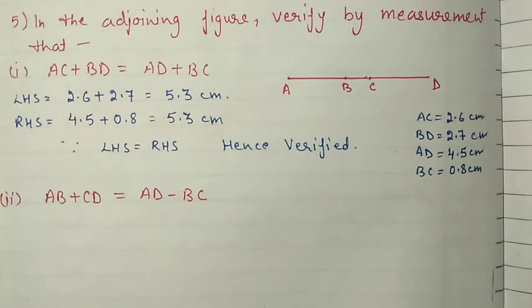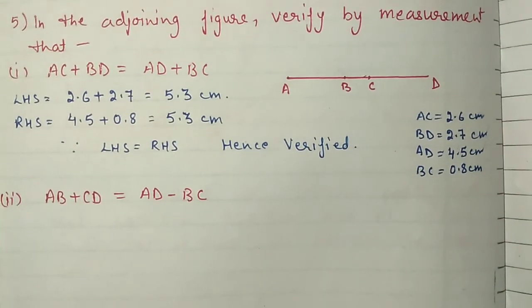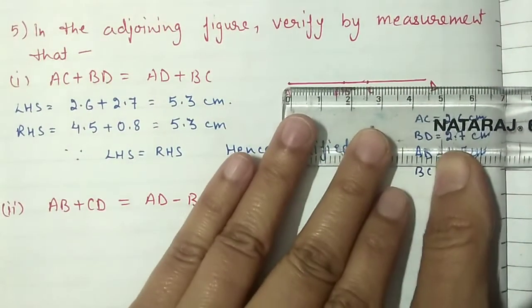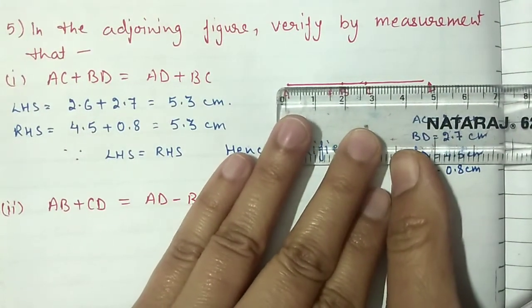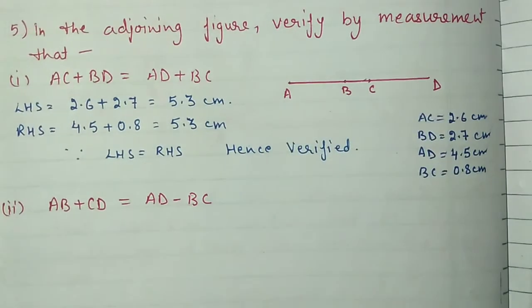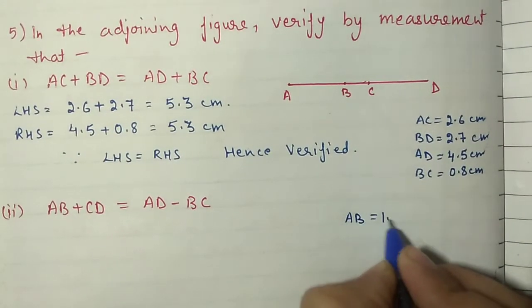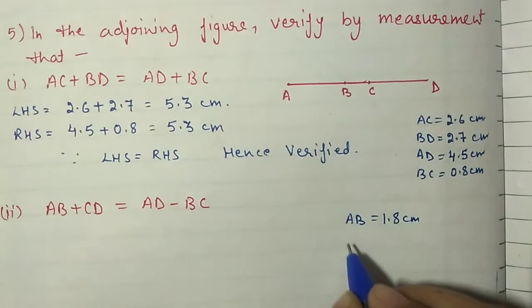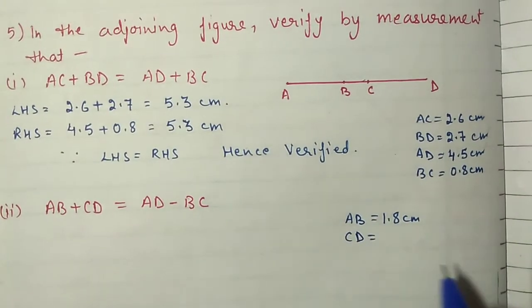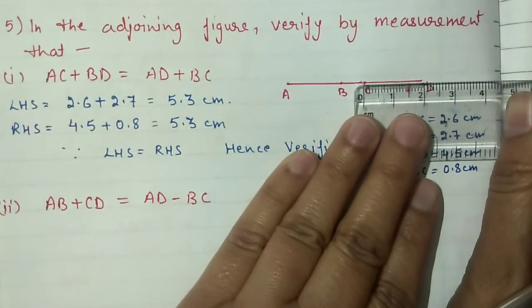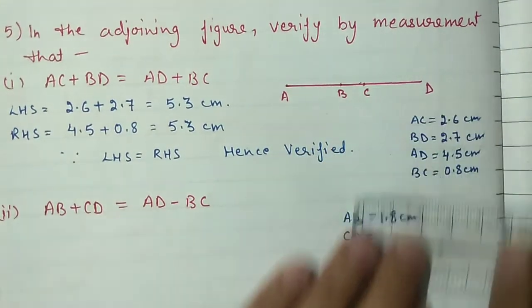Second part also based on this figure only. So first we will measure AB. A to B it is 1.8. C to D it is 1.9.